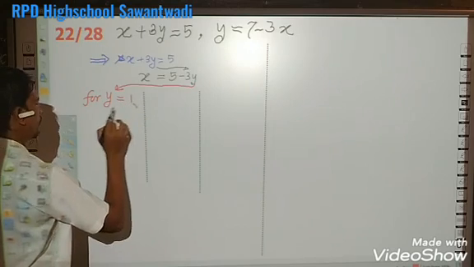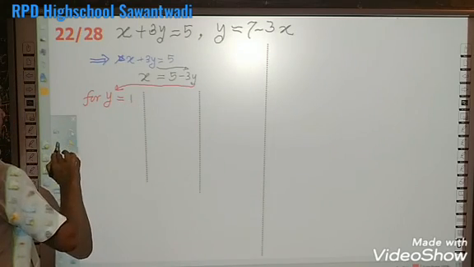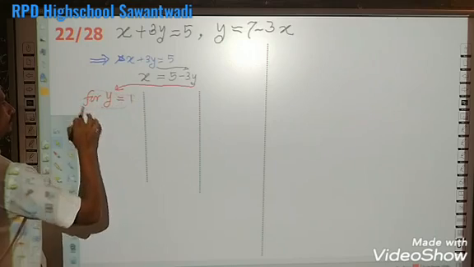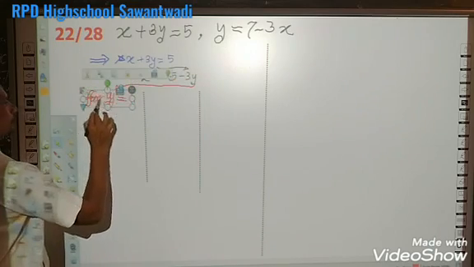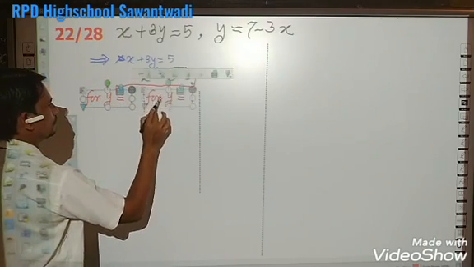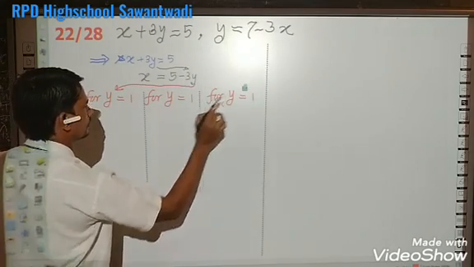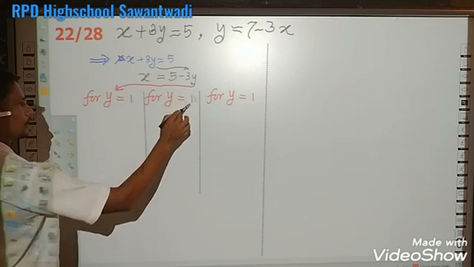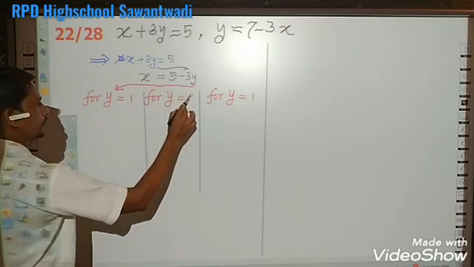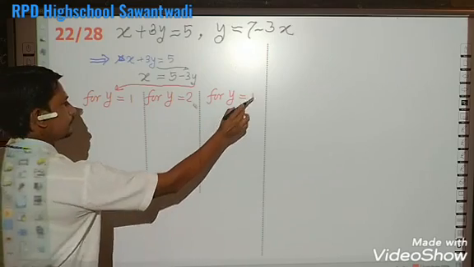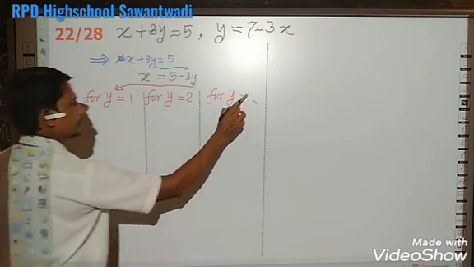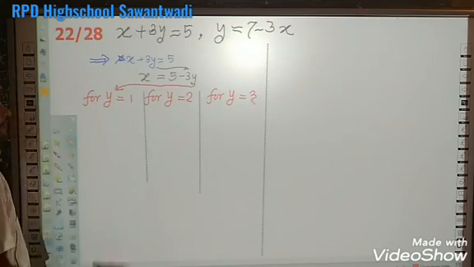It is the same way: for y is equal to 1, 2 and 3. For y is equal to, let us take, instead of 1, the value 2, and again let us consider this 3.